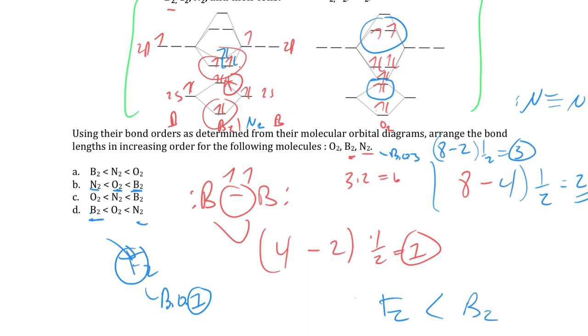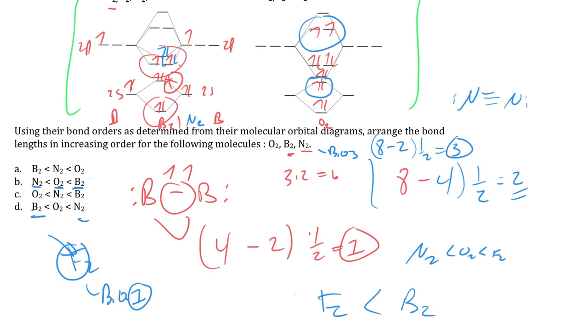And then, so if we're fitting it into this trend here, it's going to go N2 less than O2 less than F2 being single, so triple, double, single, and then B2 being even longer because the boron's bigger. So when we're comparing bonds that are both single, you then compare the atomic size differences.